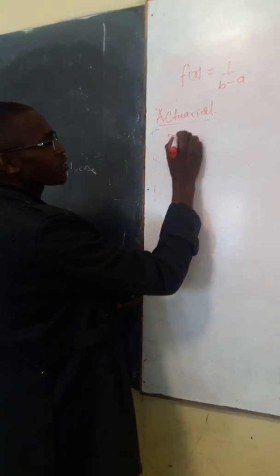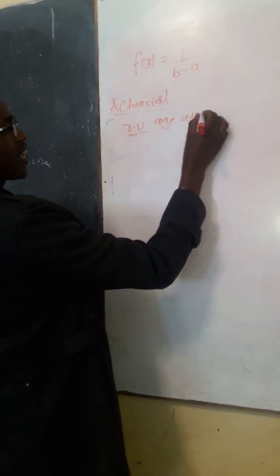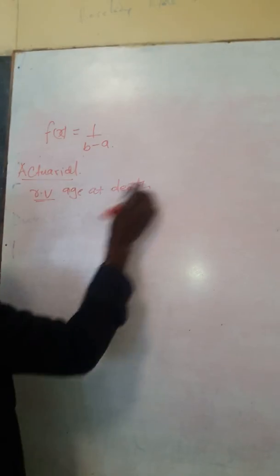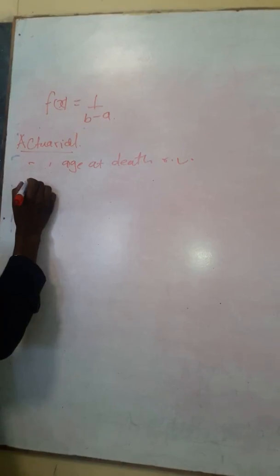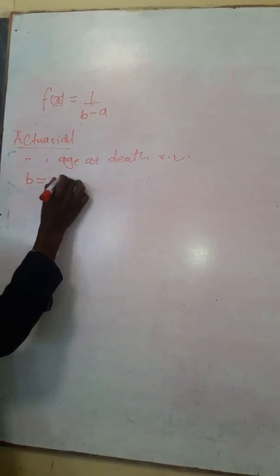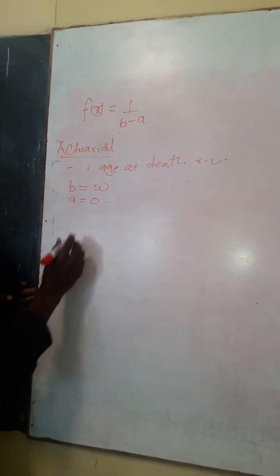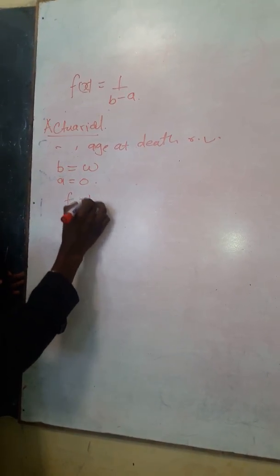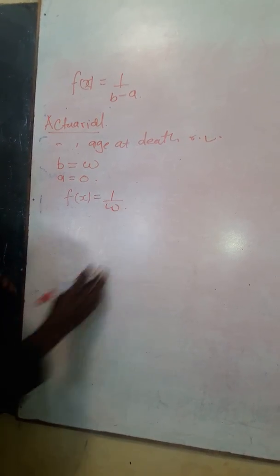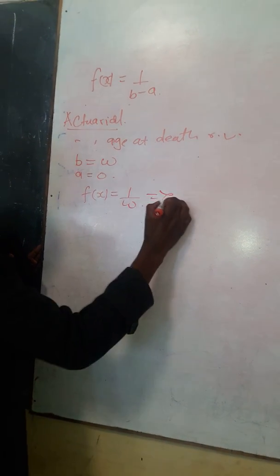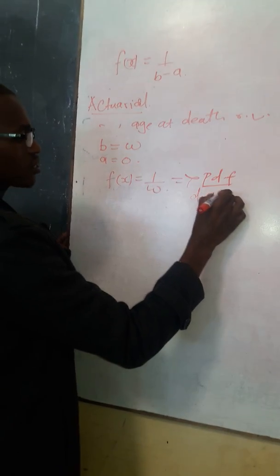Especially when we are using the random variable, we always take b to be omega, and a is always equal to 0. So that we have f of x equals 1 over omega. This qualifies to be the PDF, or what we call the distribution function.